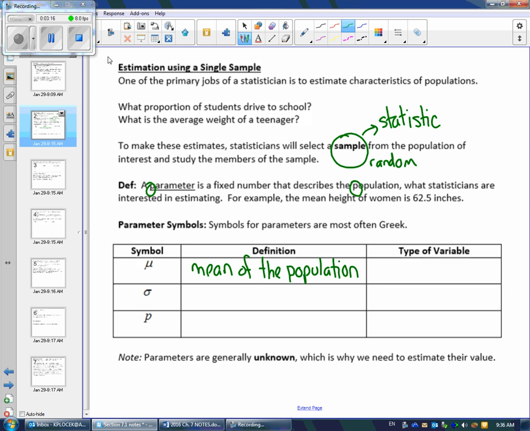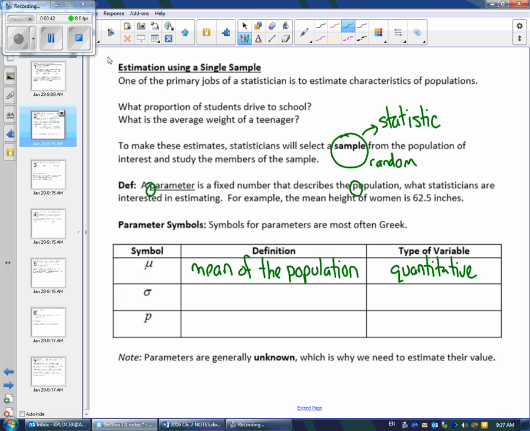Type of variable, meaning is it categorical or quantitative? Well, think about how do you get a mean? Do you need numbers or percentages? It's going to be quantitative. Next, we have this funny looking O thingy, sigma.